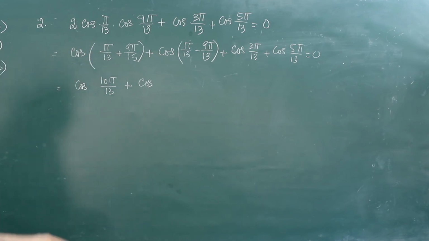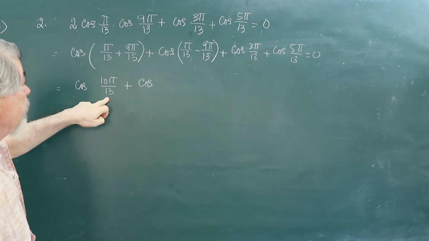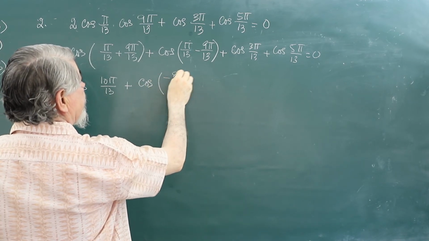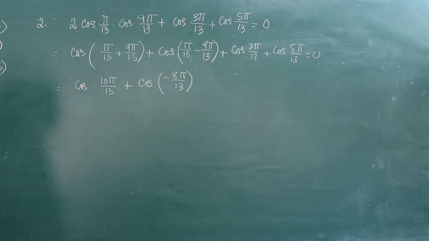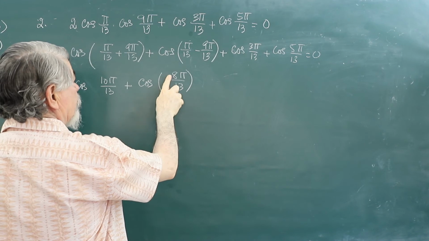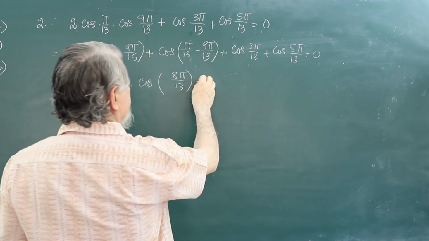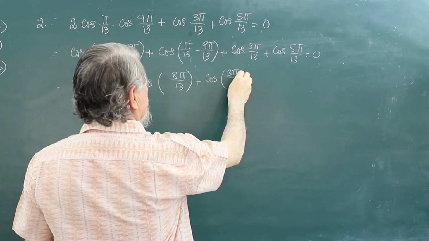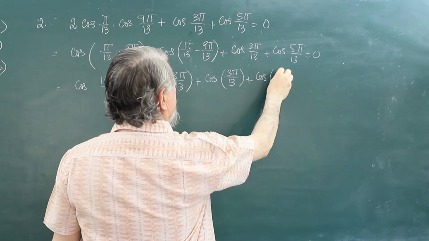Let us find out. It becomes 10π upon 13 plus cos of minus 8π upon 13. And you know cos(−θ) is plus cos θ, so it will become plus only. It will become cos 8π/13. Then it is cos 3π/13 plus cos 5π/13.